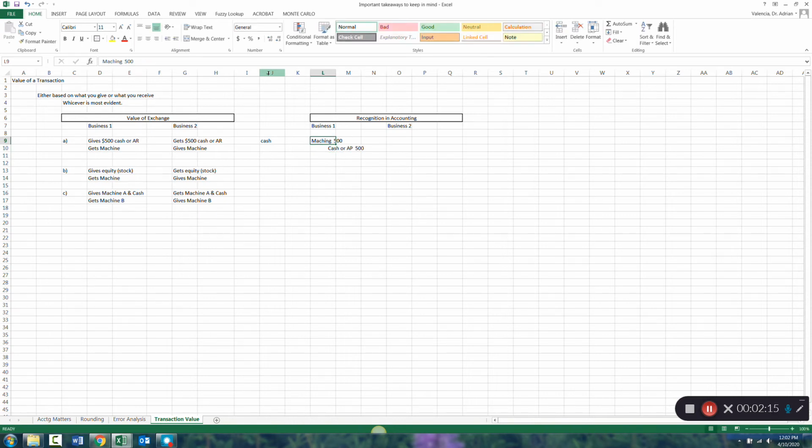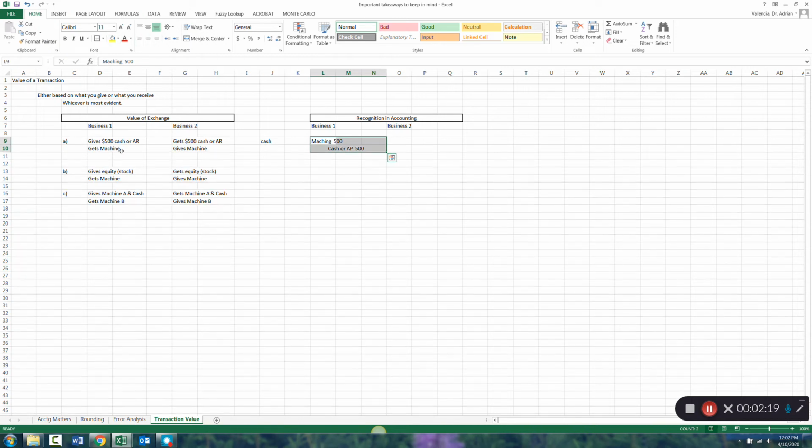Okay, so in the books of business one, it's AP, but what are they giving? They are giving a receivable to business two. So business two will record accounts receivable or cash, if that's what they get, for $500. And we never give it thought, but that's just how it is.